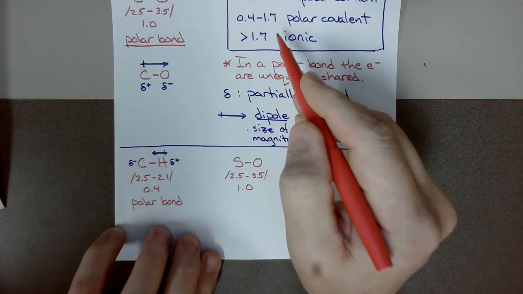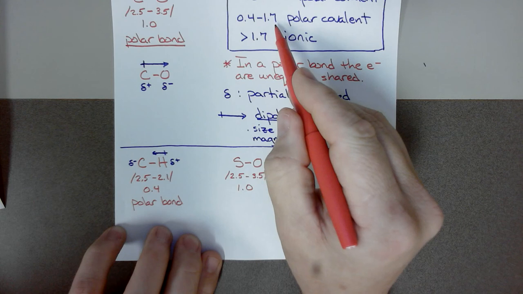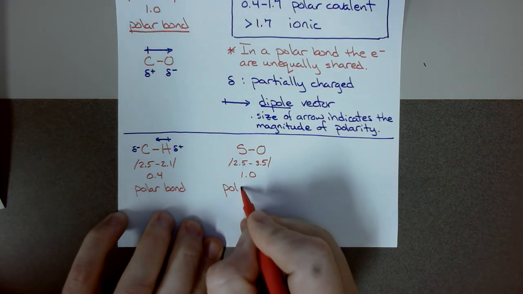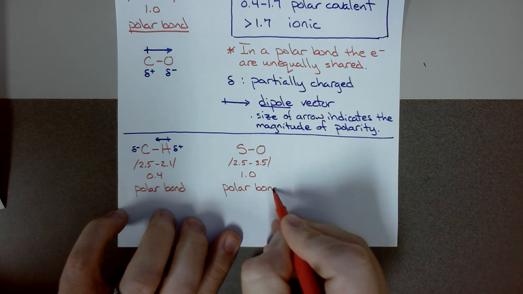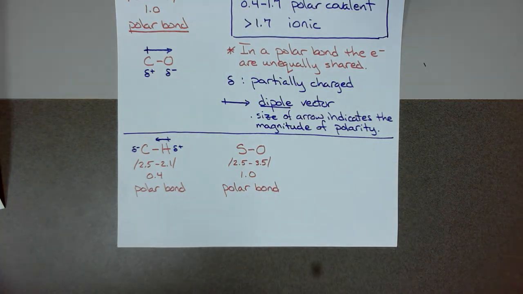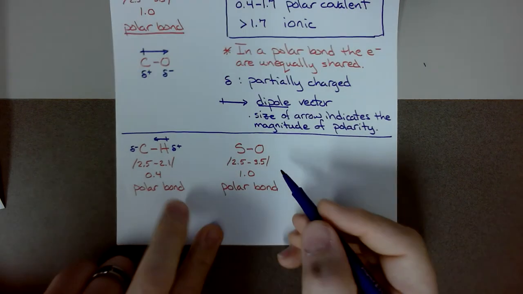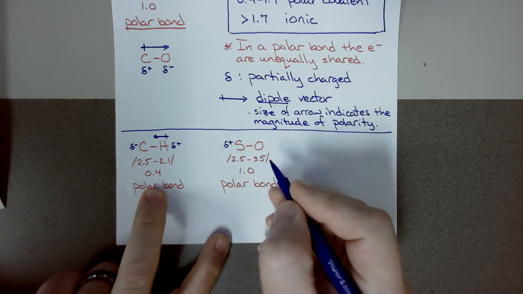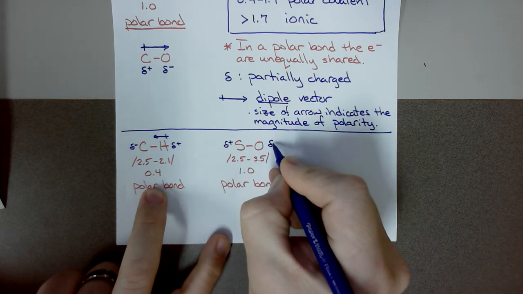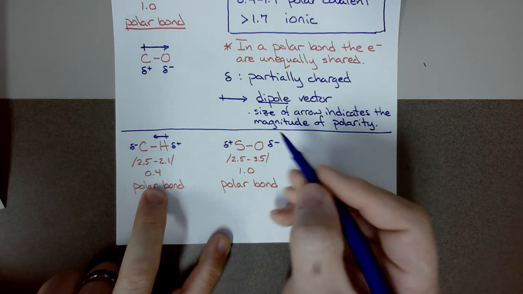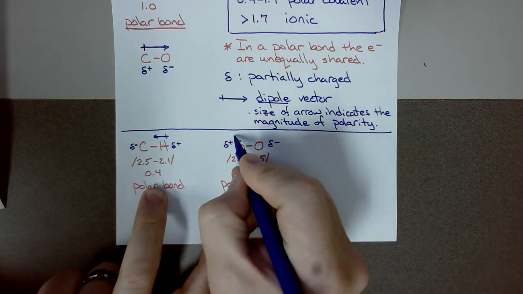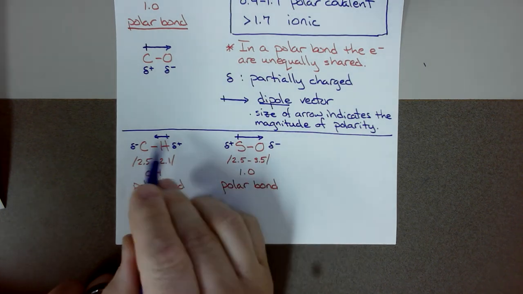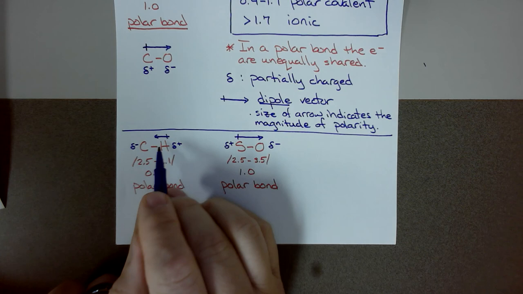Again, I go back up to my chart and it's in between 0.4 and 1.7, so it's a polar bond. And I'm going to indicate where the polarity occurs. In this case, sulfur has the lower electronegativity, so the partially positive charge will be on the sulfur and the partially negative charge will be on the oxygen. I would draw my dipole vector from the sulfur to the oxygen, and it would be a much longer arrow because it's a greater polarity than this one.